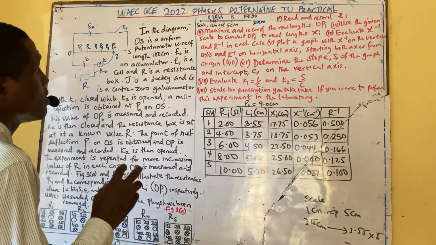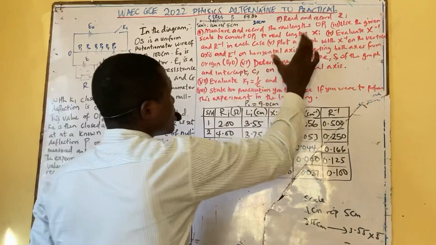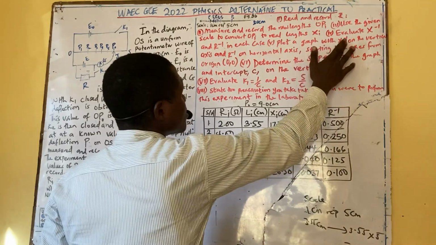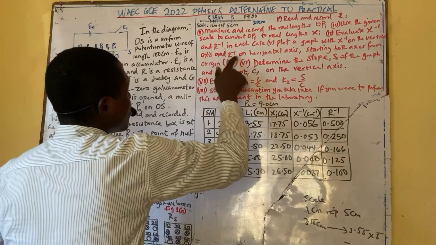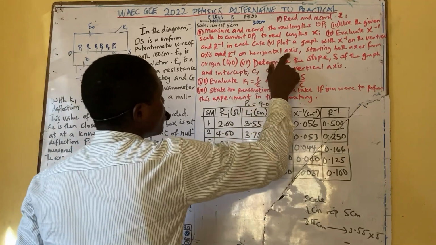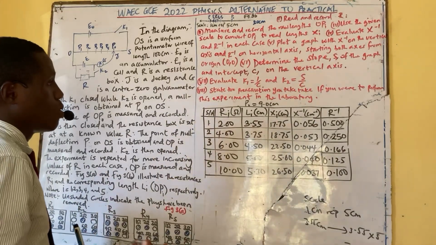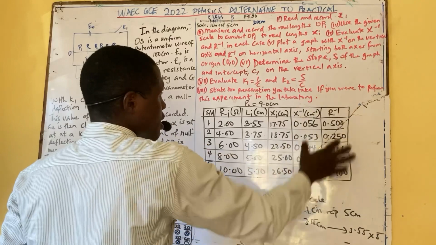Now the next thing we have to do is to plot our graph. Plot a graph of S inverse on the vertical axis against R inverse on the horizontal axis, starting both axes from 0. So we have to plot this graph of this against this.